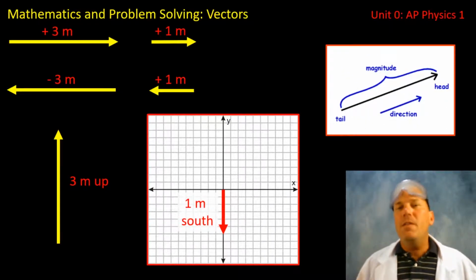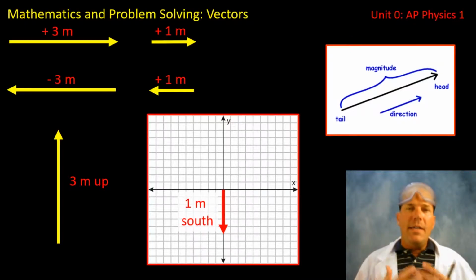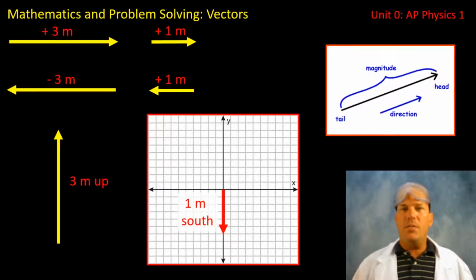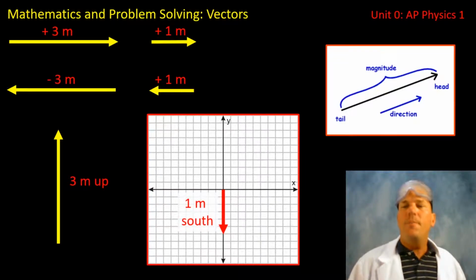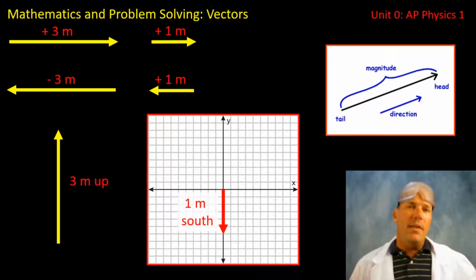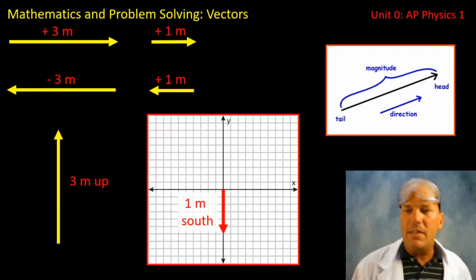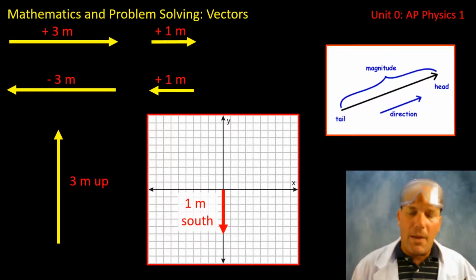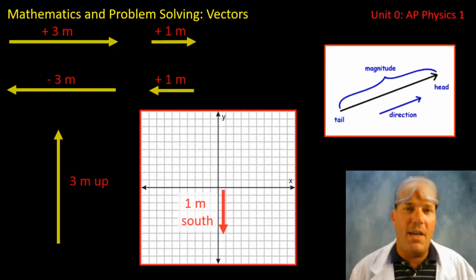So if we look at a vector, again, this gives you your visual. Magnitude, length. The direction that it points is the direction for the vector quantity, and we will typically call the arrow either the head or the tip, and then the opposite side the tail. And I'll be talking to you about that a little bit more in the next podcast.